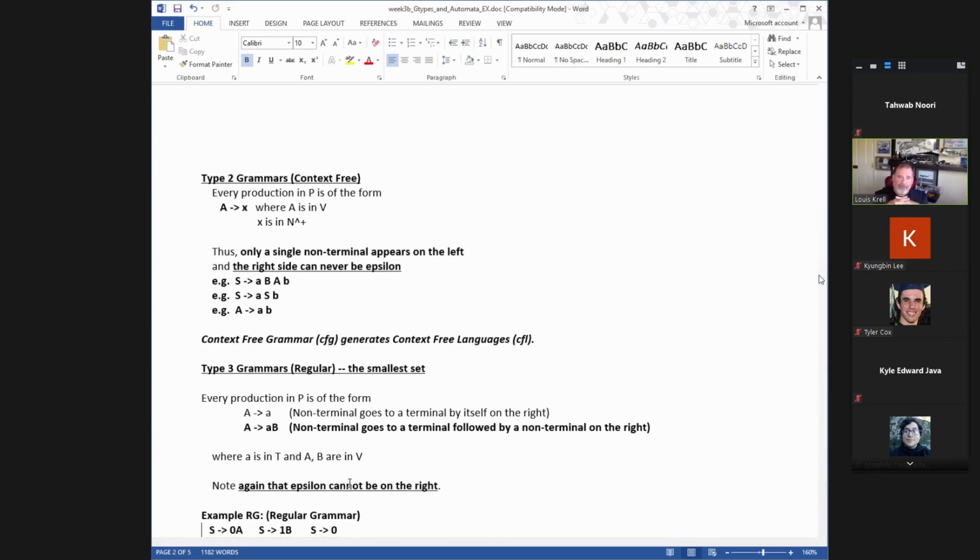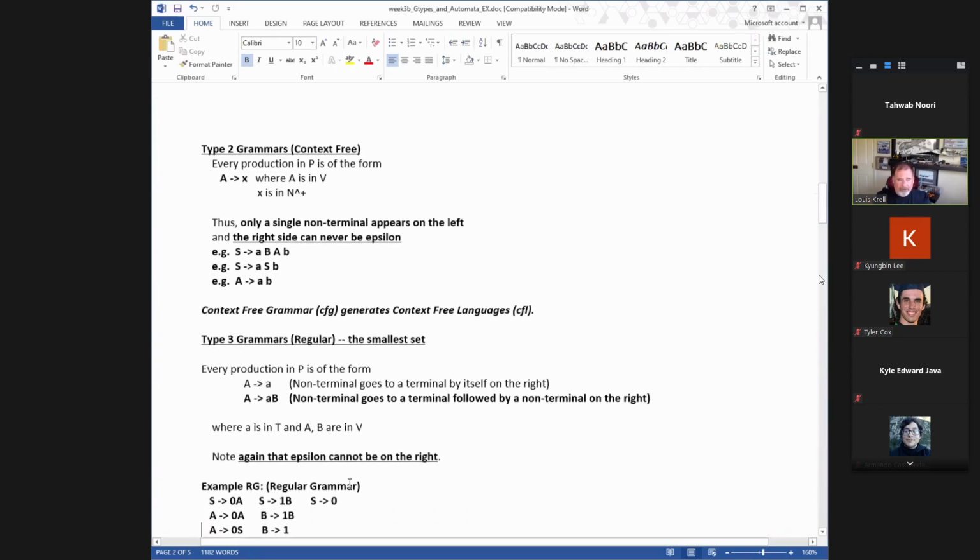Now, a context-free grammar is in the form where A, which is a non-terminal, goes to something on the right, which is going to be at least one or more, a combination of terminals and non-terminals. So only a single non-terminal will appear on the left for a context-free grammar. You'll never have epsilon on the right.